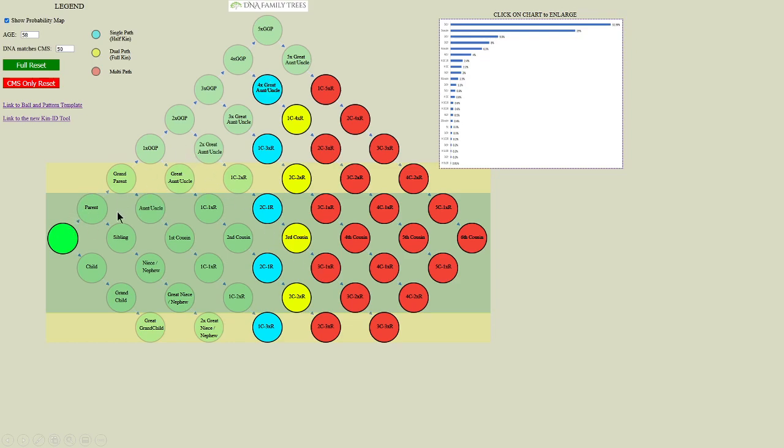If I'm looking to break down a wall, then I'm going to be looking at my second great grandparent and building down in order to match them, to identify those lineages so that I can cluster them and break down that wall. Again, you notice you find the MRCA easier with this than with any other tool.